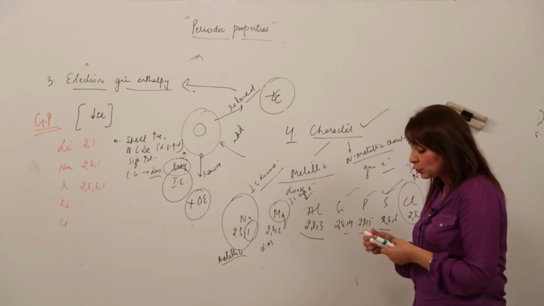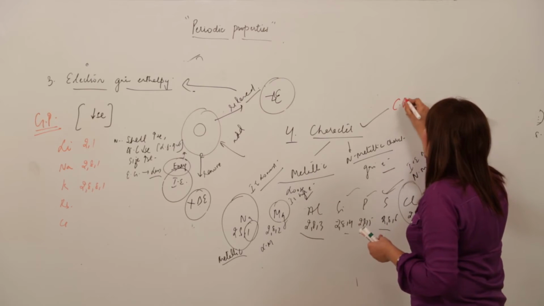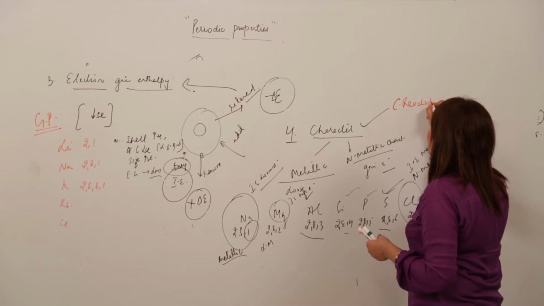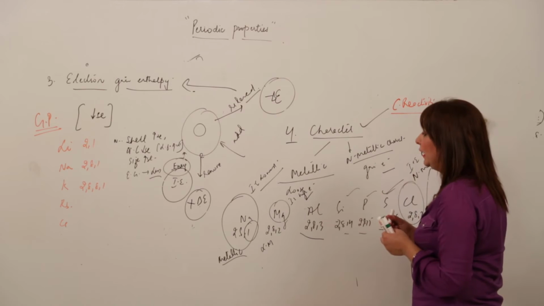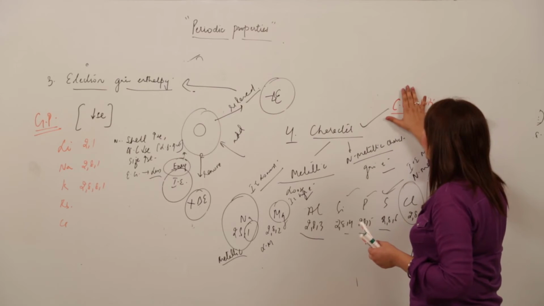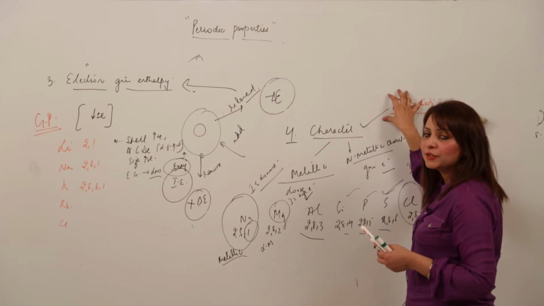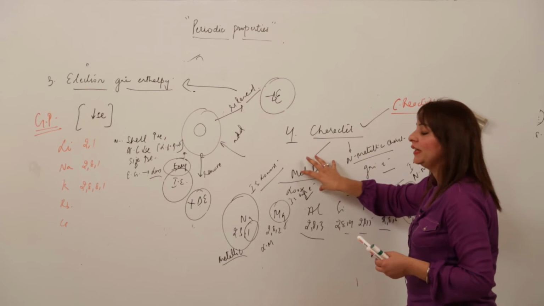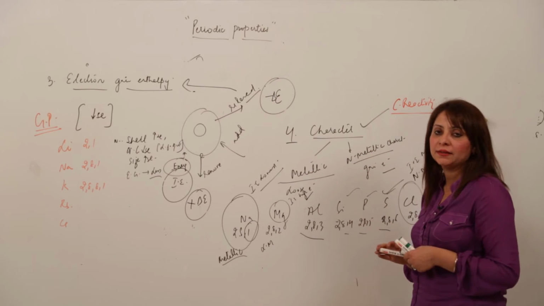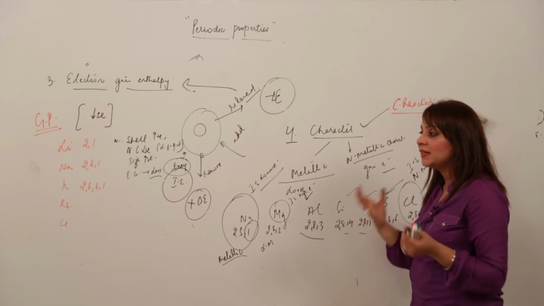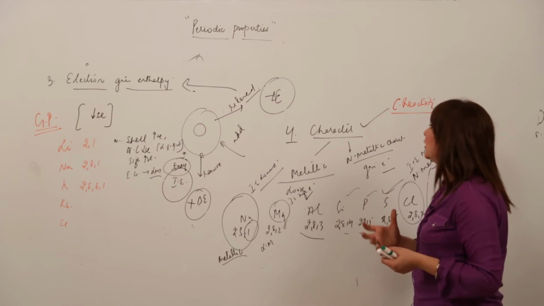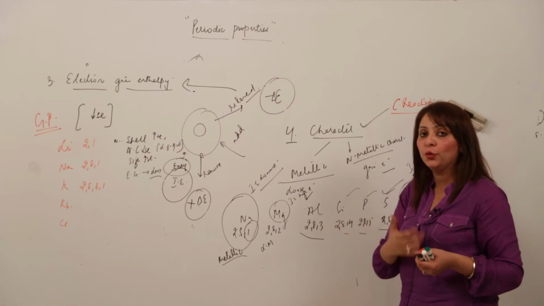Similarly, when we talk about chemical reactivity, it is the same property by which you can easily correlate. The factor responsible for this reactivity is the same as we saw with the metallic and non-metallic character. The element which has the bigger size has less ionization energy, so it can easily lose an electron and is more reactive.